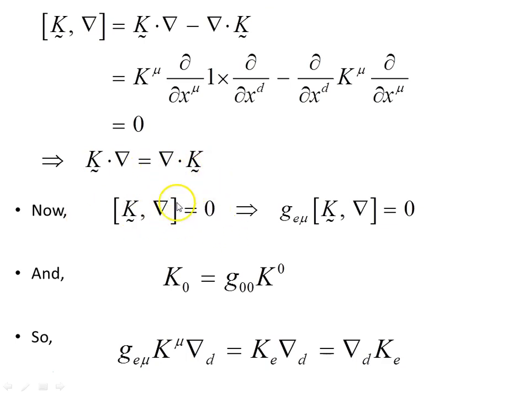And if that goes to 0, as we've seen above, at any particular point P, then multiplying 0 by the metric is still 0, and so the metric times this is also 0. Obviously we can use the metric to lower indices, from the contravariant to the covariant. And so the metric times this becomes k_e del_d. It contracts on the mu and the mu there to give us e here, and as we've seen by this result here, that's also equal to this. And hence previously we're able to swap the order of those two.